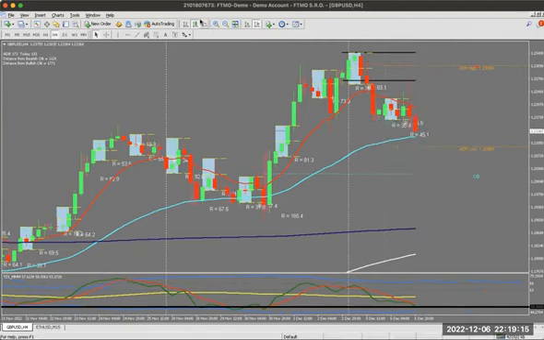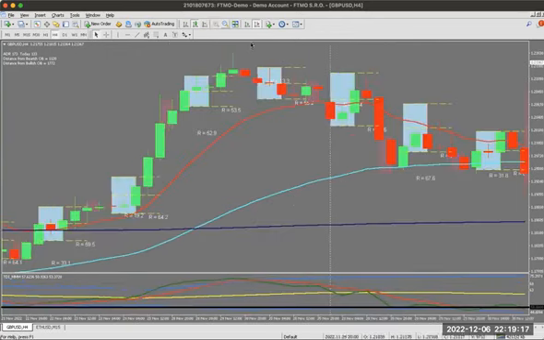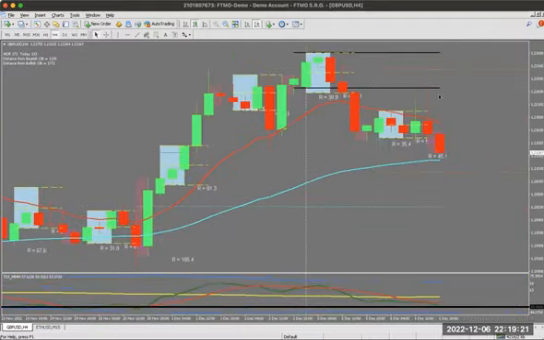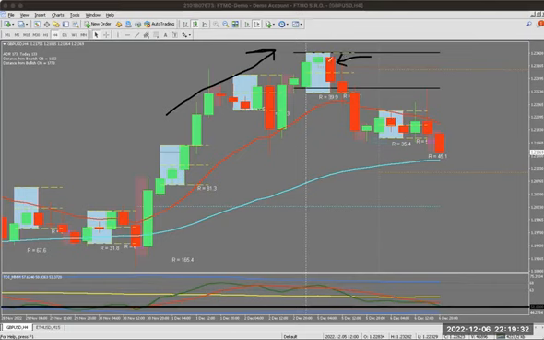I hope it's clear. I'm going to zoom in again. Okay, so first thing, we are in a clear uptrend, right? Second thing, we have two candles, one small one big one, and the big one engulfs the small one, and it's a clear uptrend, right? That's a bearish engulfing.